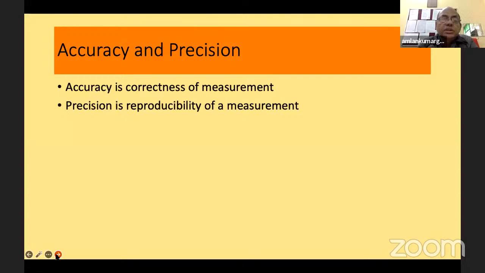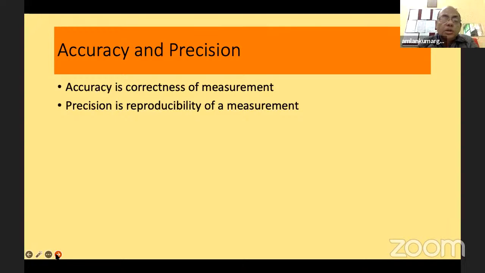So that means this analyst B measures 4 times, and each time his analysis is different. So he's not precise, but the average of his values is exactly the same as the actual value. So he's accurate.